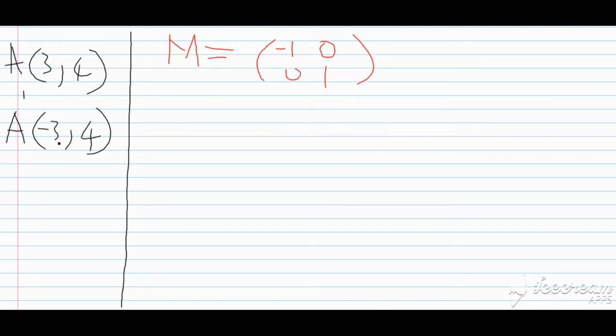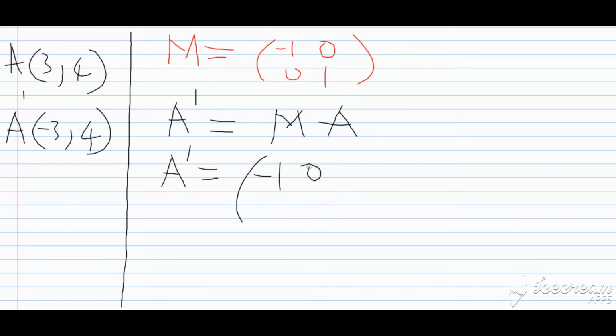So we are saying that A prime would be equal to this matrix, I just call it M, multiplied by A, the original matrix. Bear in mind that when I'm finished, I should actually get negative 3, 4. So this is equal to negative 1, 0, 0, 1 multiplied by 3, 4.